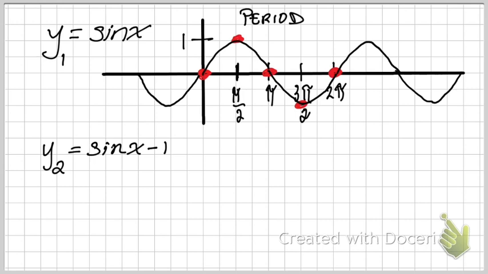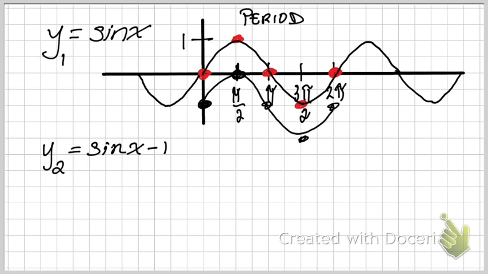You're either moving up and down or you're moving left and right. And if you remember your earlier work from Precalculus, you would know that it moves down 1. And then all I would have to do is take every point here and move it down 1 unit.